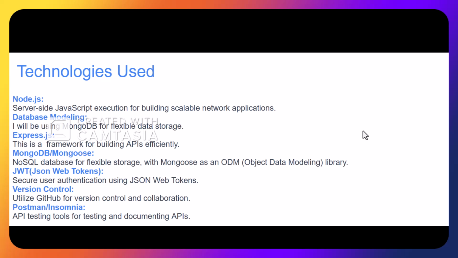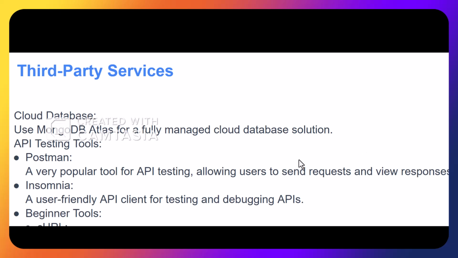Also, I'm using third-party services, which include a cloud database, where I would like to use MongoDB Atlas as a fully managed cloud database solution. The API testing tools, which I've mentioned before, are Postman and Insomnia.